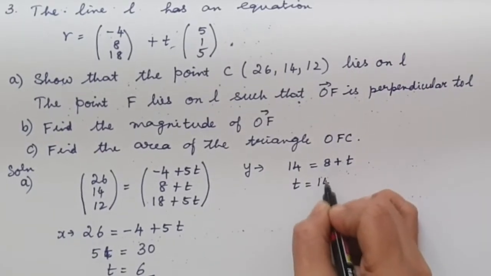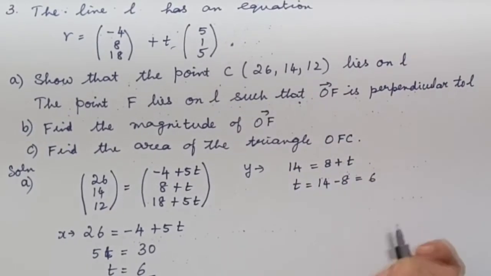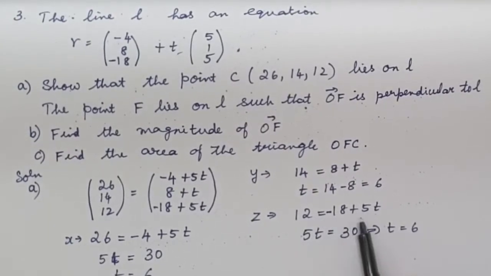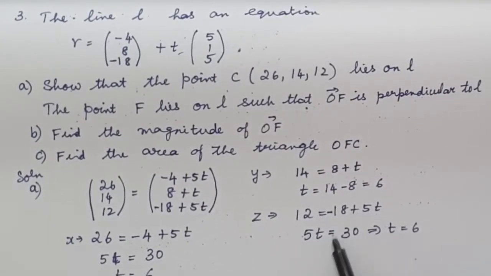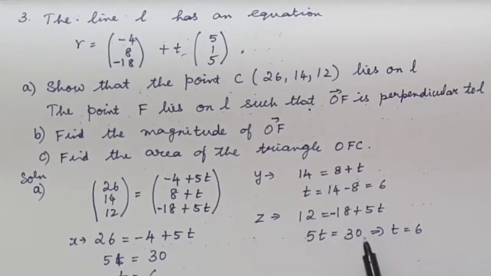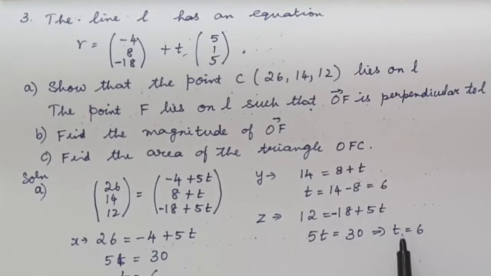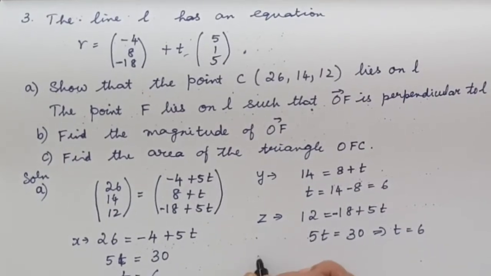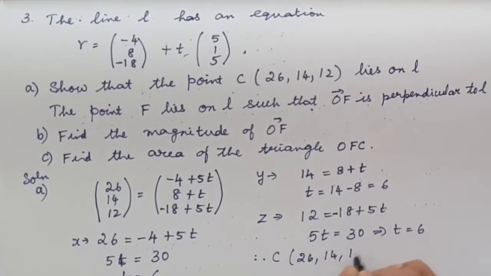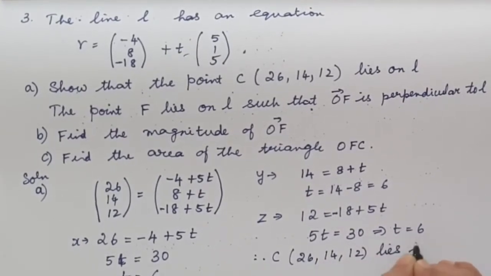So t will be equal to 14 minus 8, so it is 6. For the z coordinate, 12 equal to minus 18 plus 5t. So 5t will be equal to 30. So t will be equal to 6. So for all the three coordinates, the value for t is 6. Therefore, the point C, 26, 14 and 12 lies on L.